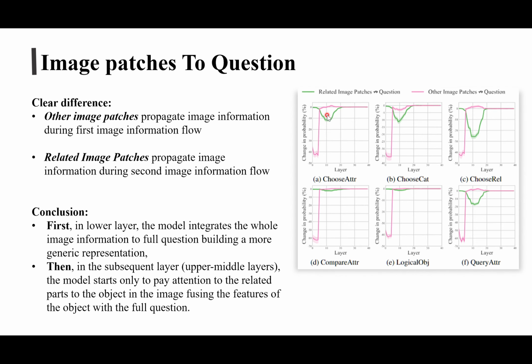And this figure is where we block different parts of the image attending to the question. So that means the model in the low layer only transfers the whole image information to the question, and in the higher layer only the related image patch transfers information to the question.